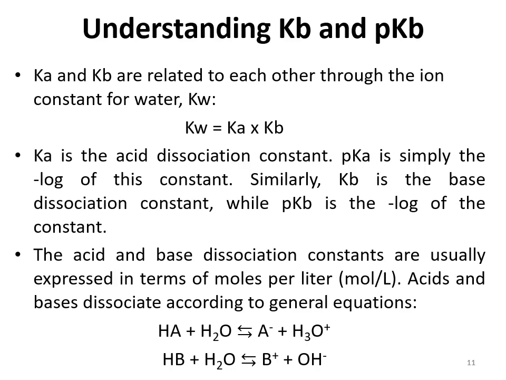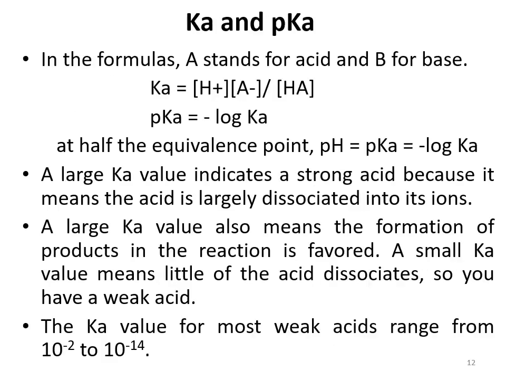Acids and bases dissociate according to the general equation: an acid dissociates in water and a hydronium ion is formed, and a base dissociates in water and a hydroxide ion is formed. In the formula, A stands for acid and B stands for base.